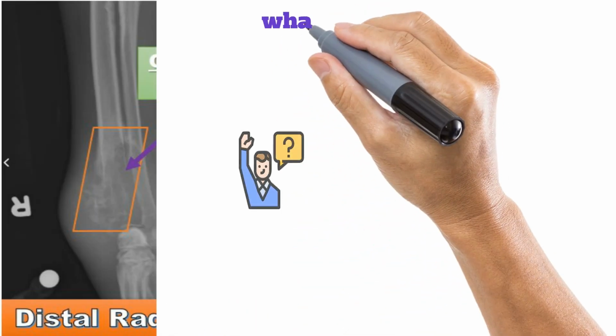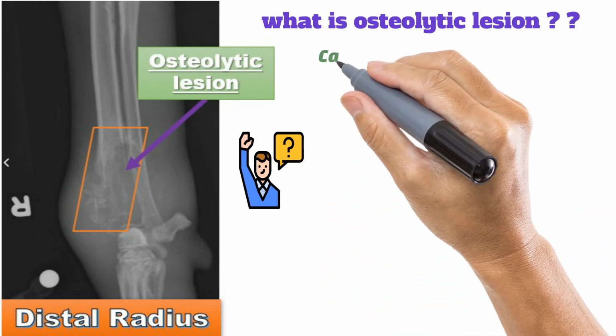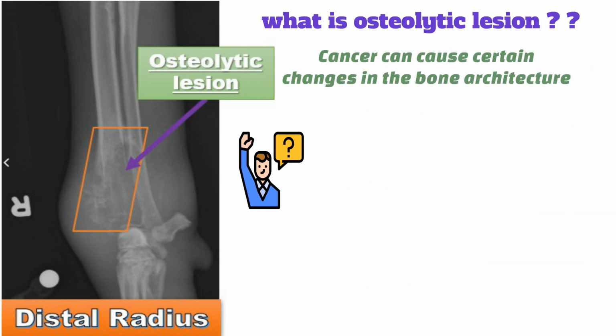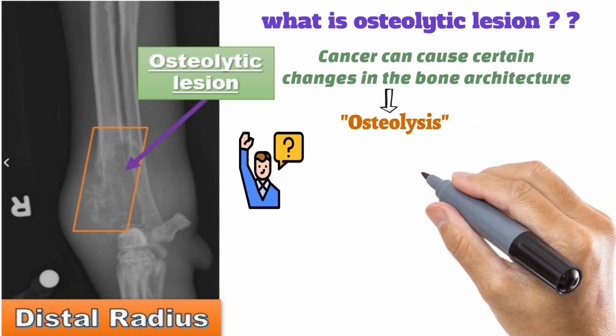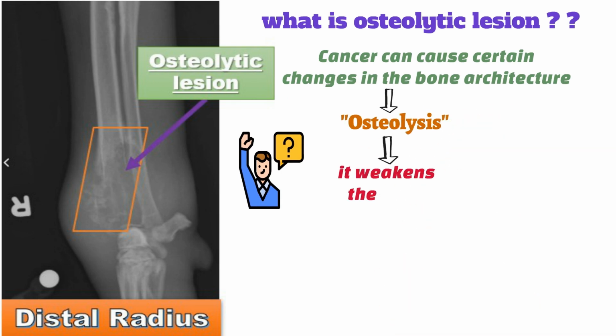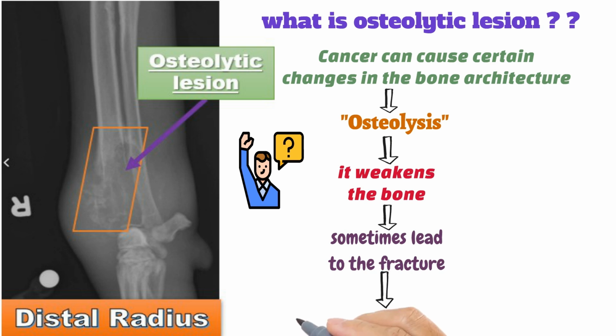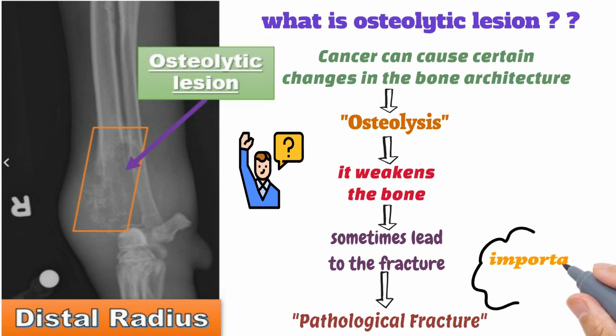Here you will ask, what is an osteolytic lesion? Cancer can cause certain changes in the bone architecture, which is known as osteolysis, and it weakens the bone and sometimes leads to fracture. And this type of fracture is known as a pathological fracture. And this is an important sign that is associated with osteosarcoma.